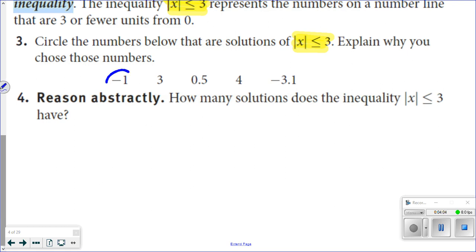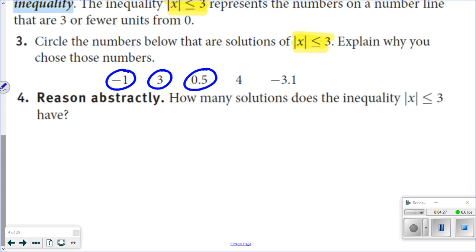So we should circle -1 because we shaded that. We had a closed circle at 3 in our graph above. 0.5 counts. 4 does not. It's outside. And -3.1 is also outside. It's more than 3 units away from 0.